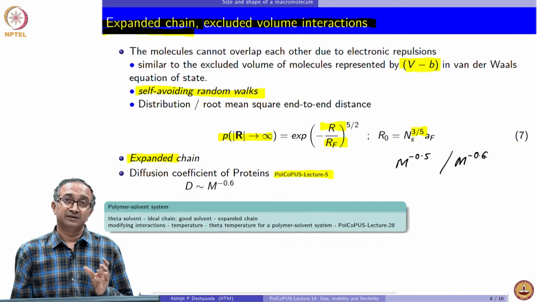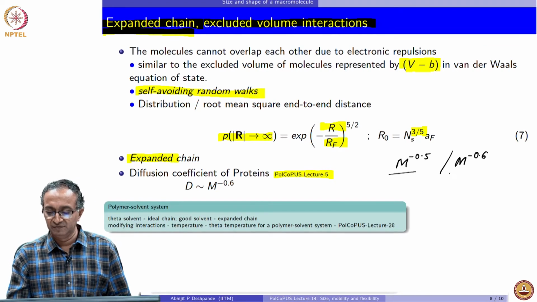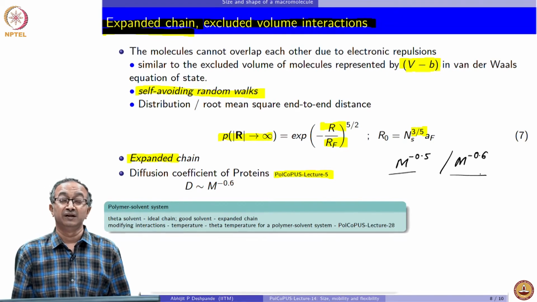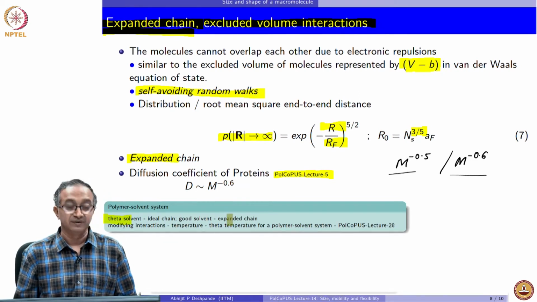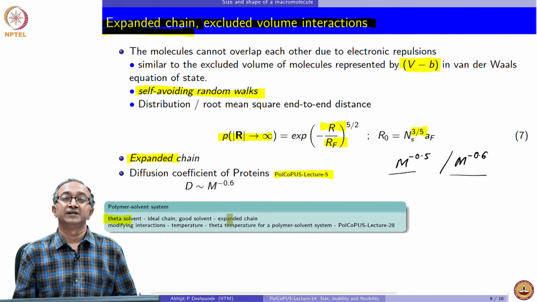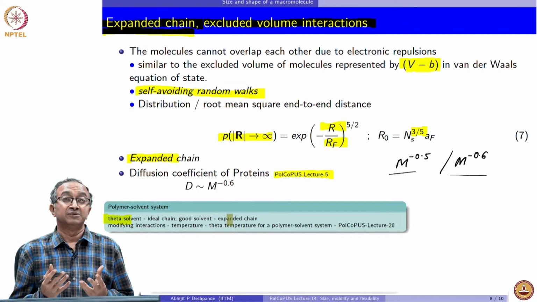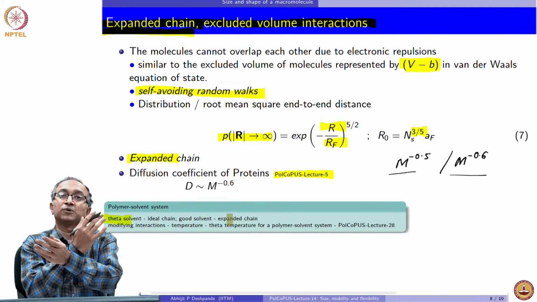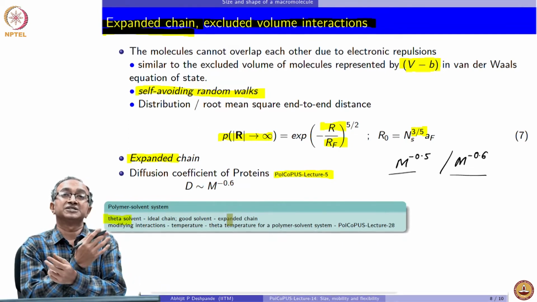One other aspect that we need to keep in mind is when the ideal chain model would be useful and when the expanded chain model would be useful. For a given polymer solvent system, we will later on define a theta condition: when interactions between solvent and polymer are such that polymer-polymer chain interactions are absent, so the polymer chain becomes ideal.